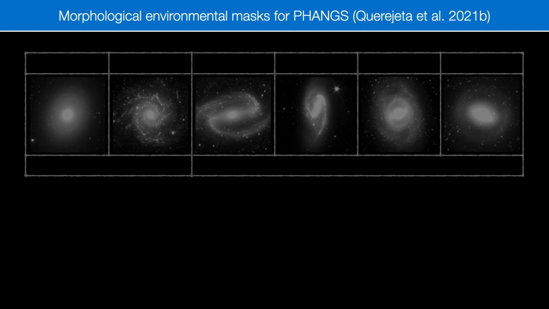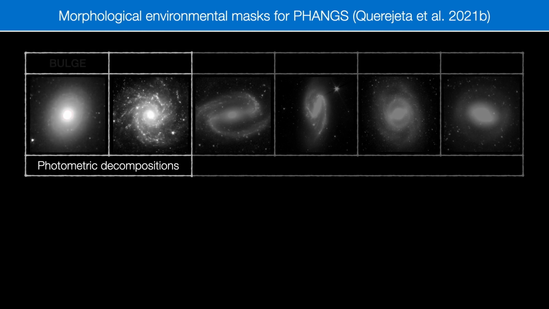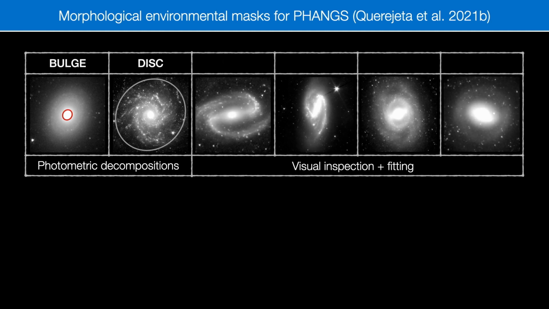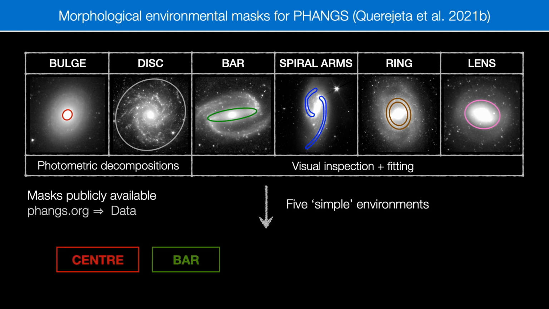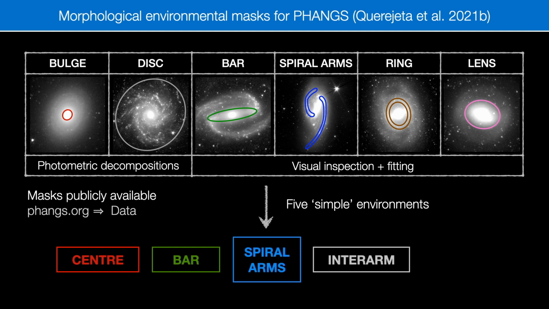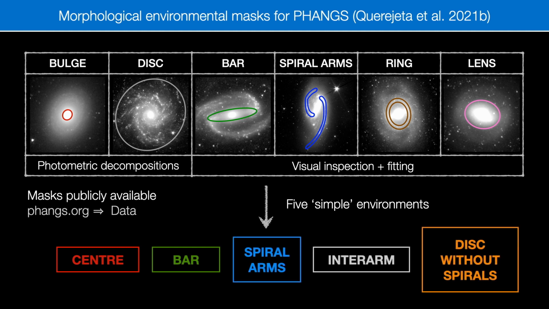These masks contain, from photometric decompositions, bulges and disks, and from visual inspection and fitting, bars, spiral arms, rings, and lenses. These masks are publicly available through the PHANGS webpage, and in this paper, for simplicity, we reduced them to 5 simple environments: center, bar, spiral arms, interarms, and disks without prominent spirals.